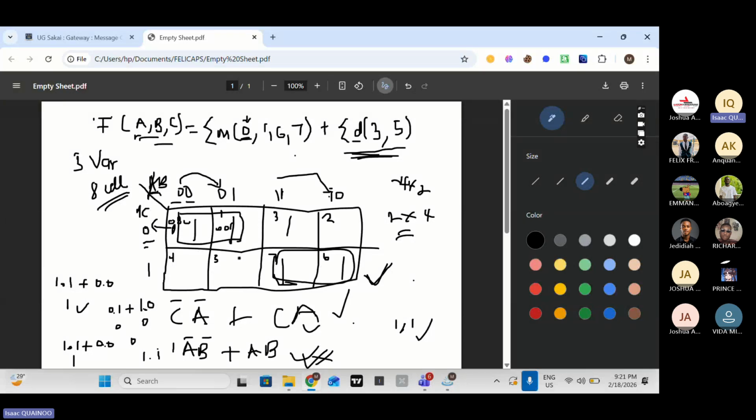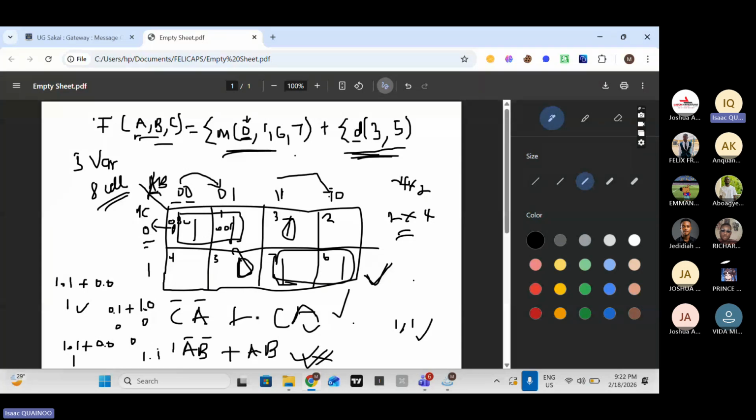In a case where you are dealing with a max term function instead, which is a POS, a product of sums expression, then those cells take 0 instead. Those cells are sometimes deemed negligible, as the name goes. They can be neglected at times, and it does not impact the final output of our expression.